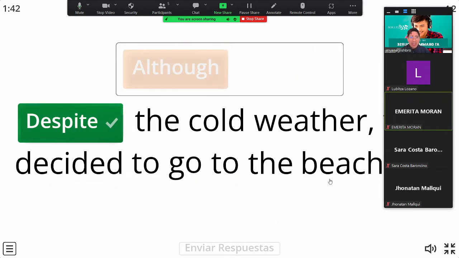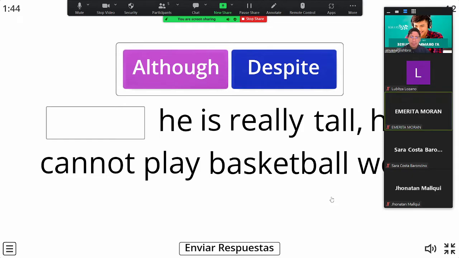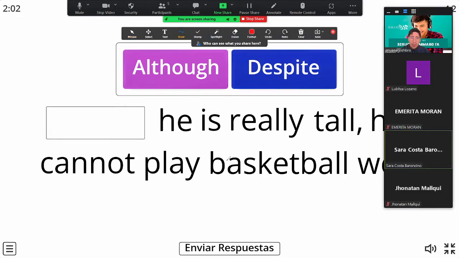Next, Sara Costa. Despite he's really tall, he cannot play basketball with me. Okay, what is "he is really tall"? What is that?